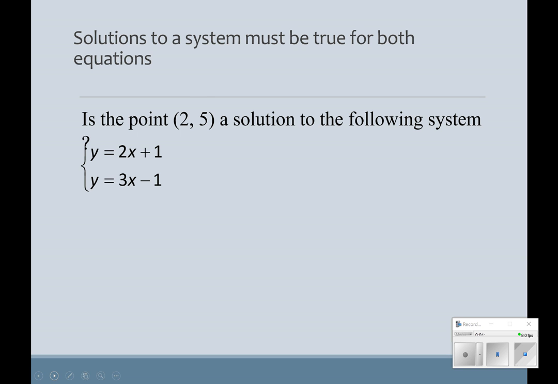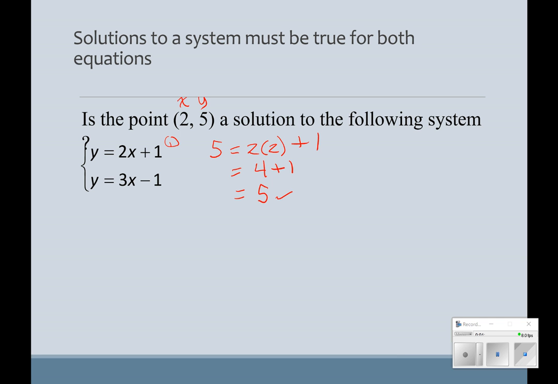So remember, my 2 is my x, my 5 is my y, and I'm just going to sub it in. For the first equation, I'm going to put 5 in for y, 2 in for x, and simplify. I want my right side to be the same as my left, because remember, that tells me it's a true statement, and that's true. 5 does equal 5, so we know that it works.